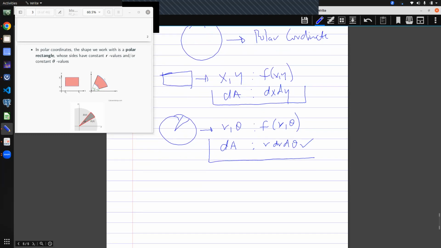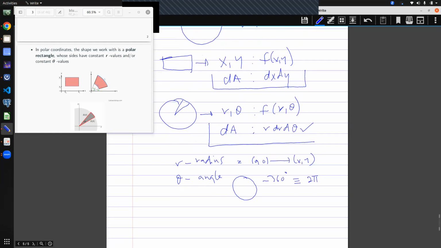This r is called the radius of the circle, and this theta is the angle. The radius is from the point 0, 0 to another point on the xy plane. For a full rotation, theta in degrees is 360 degrees, and its equivalent in radians, we all know, is 2 pi.